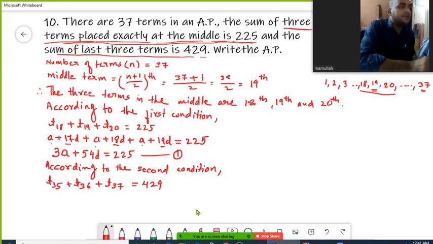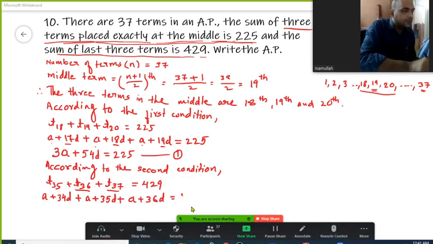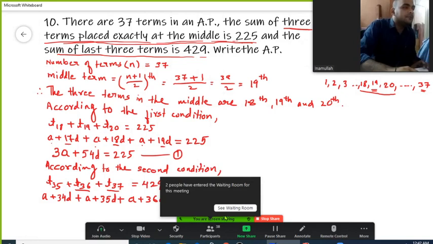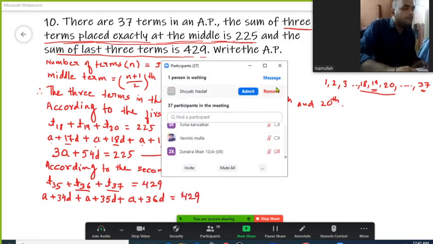T35 is A plus 34D, plus T36, which can be taken as A plus 35D, and T37, which can be taken as A plus 36D, is 429. This is as per the second condition.